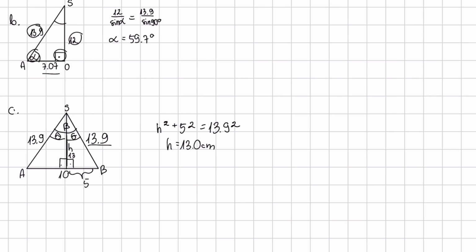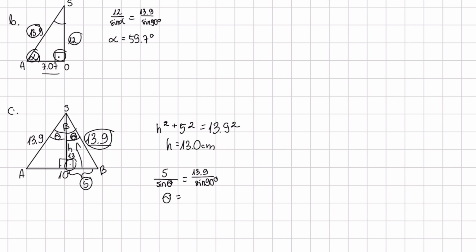And now we can use, for example, the sine rule to calculate this angle. So we have 5, this side and the opposite angle, so 5 over sine of the angle equals, and we have this side, 13.9 over our right angle, so sine 90 degrees.